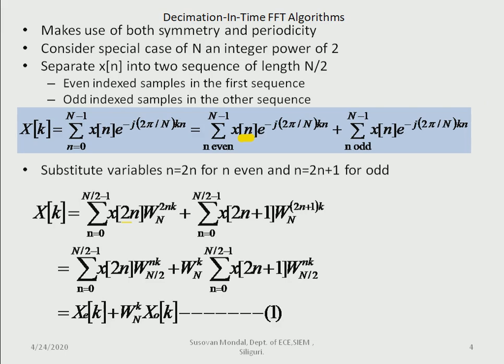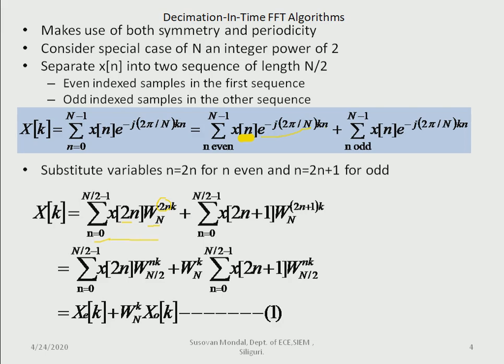See, the limit changes to n by 2 minus 1, because we are reducing the sequence. So n equal to 0 to n by 2 minus 1, x of 2n means n will be replaced by 2n for even index, and this whole term is basically wn, and this n is also replaced by this 2n. So for the even index sequence, this is the first part.